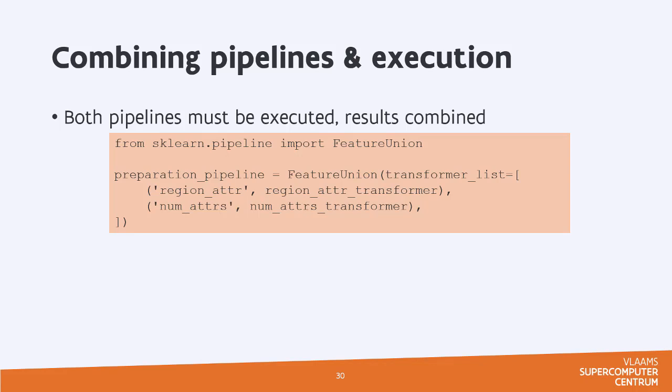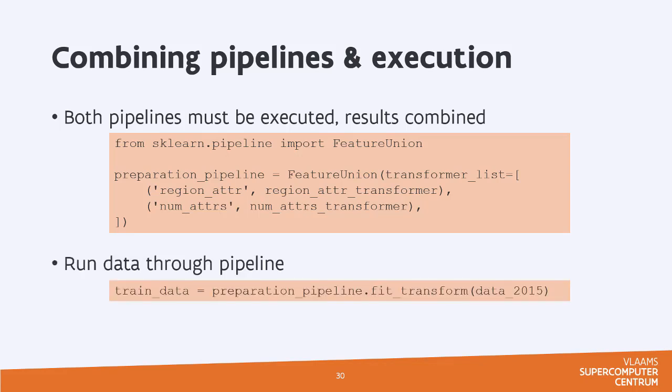So we combine the region attribute and the numerical attribute pipelines together. Those are the names, region attribute and numerical attributes, and the transformers are given as the second element of that tuple. And then we can simply run the data through our pipeline.